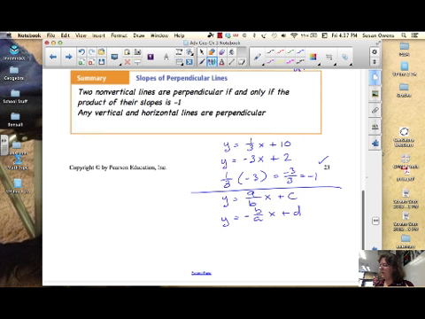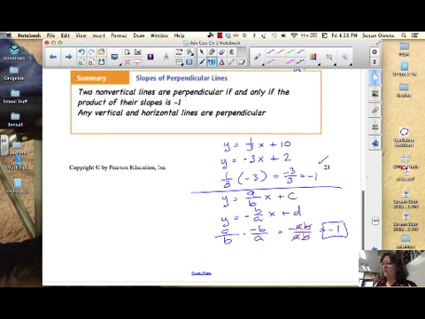If I multiply these slopes together, I get a/b times -b/a, which becomes -ab/ab, and if you divide out the like factors, you end up getting -1. So anytime the slopes are opposite reciprocals, the product of the slopes is -1.